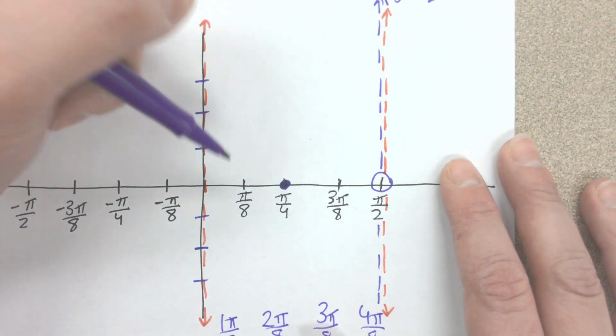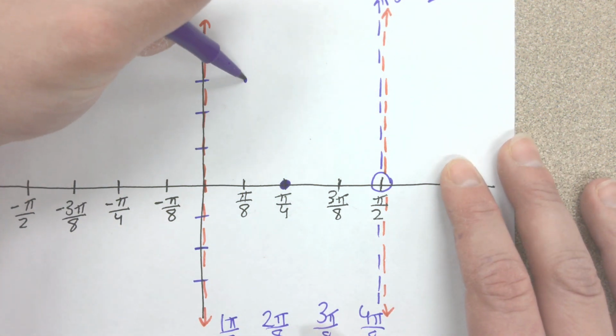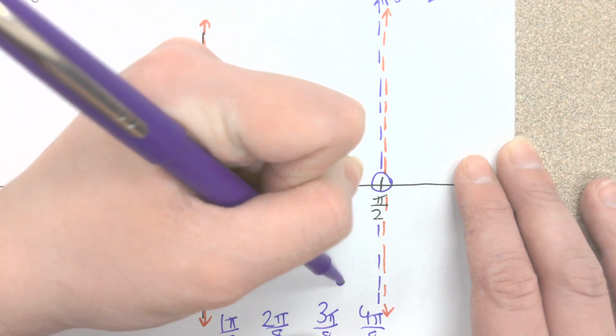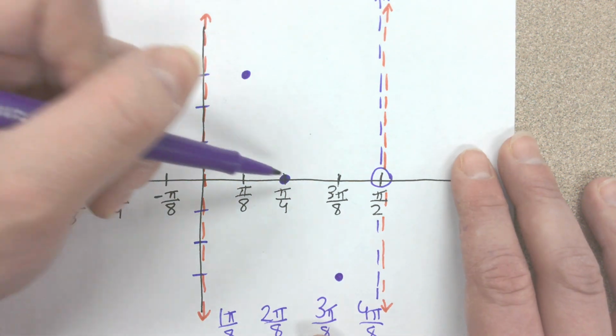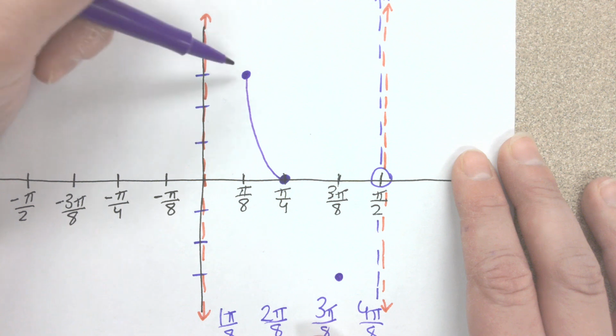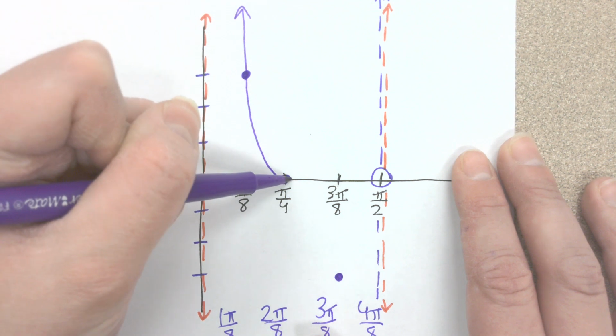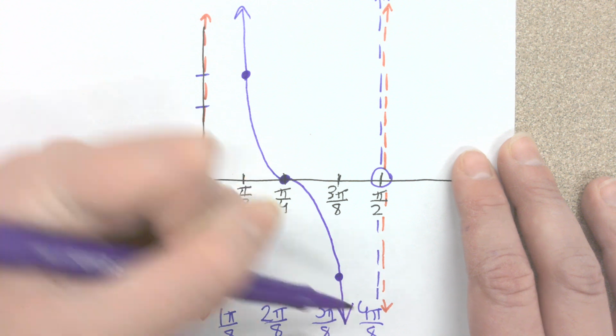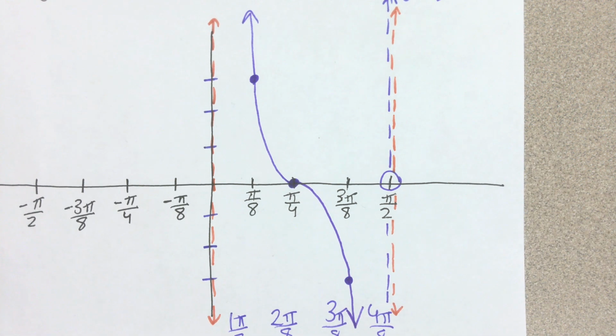So up and left, I'm going to go up 3 to the left, and down 3 to the right. And then draw in the arms. There's my first curve.